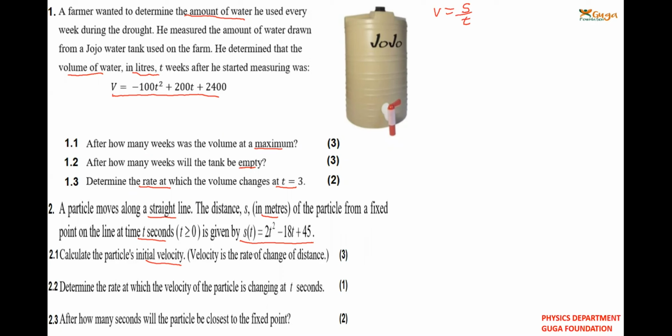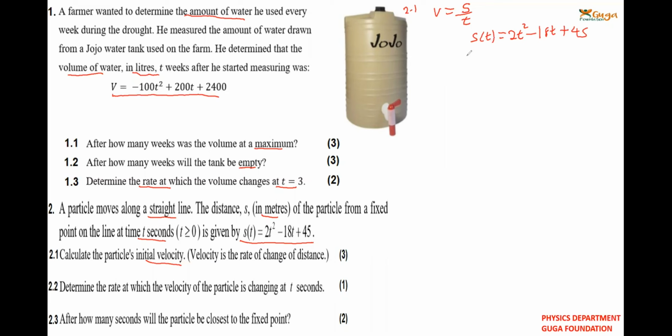So now here 2.1, you are given s of t, which is equals to 2t squared minus 18t plus 45.